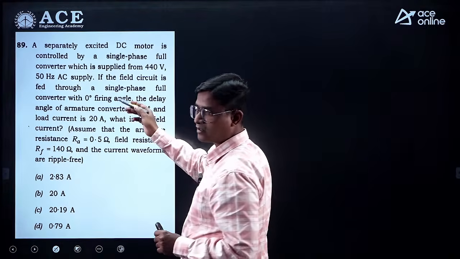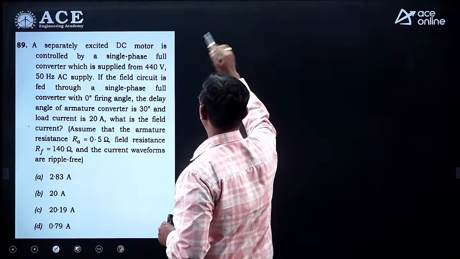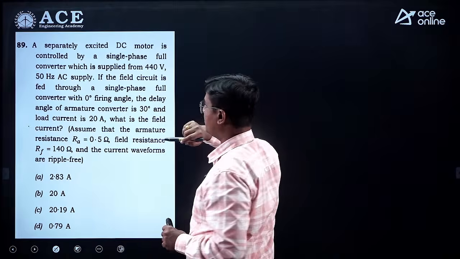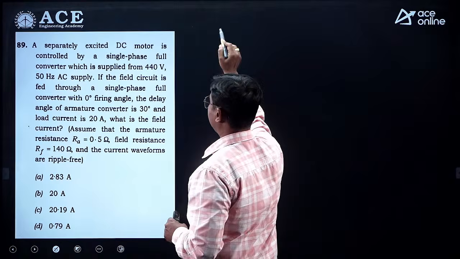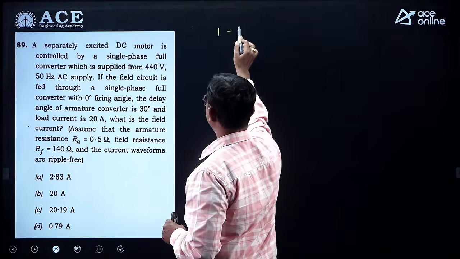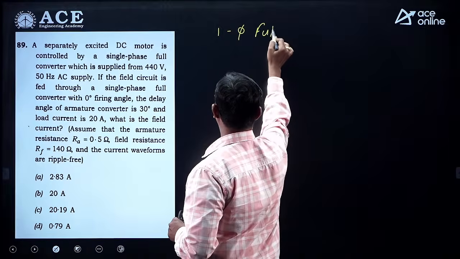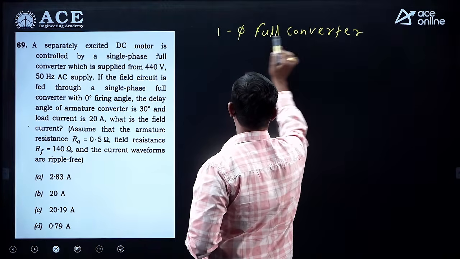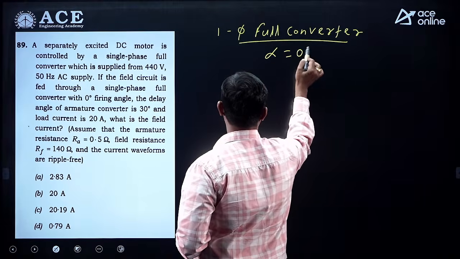Now the field winding of your separately excited DC motor is fed by a single phase full converter. For that, alpha is given as 0 degree.